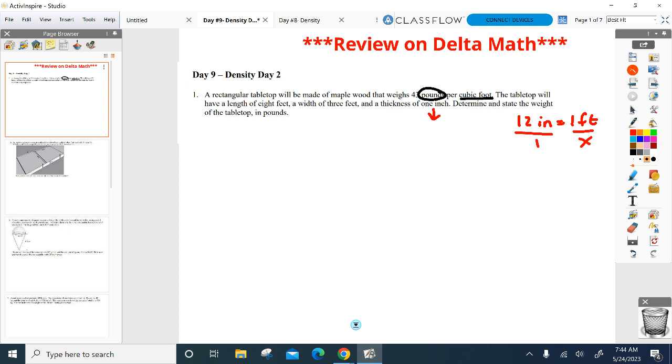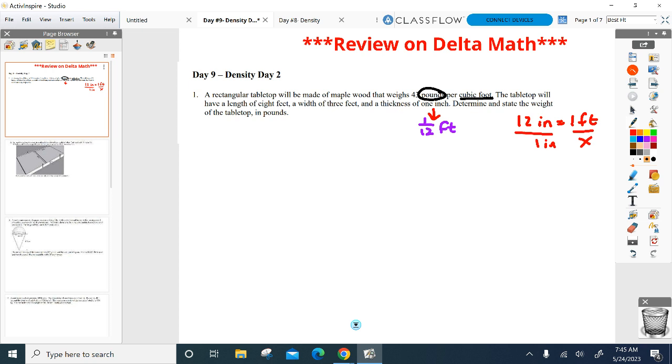You set up the conversion, put what you need underneath, make sure all the units stay on top of each other, and then you can cross multiply. What you end up doing is dividing by 12. You get 12x equals 1, x equals 1/12. So instead of using 1 inch, we're going to use 1/12 of a foot.